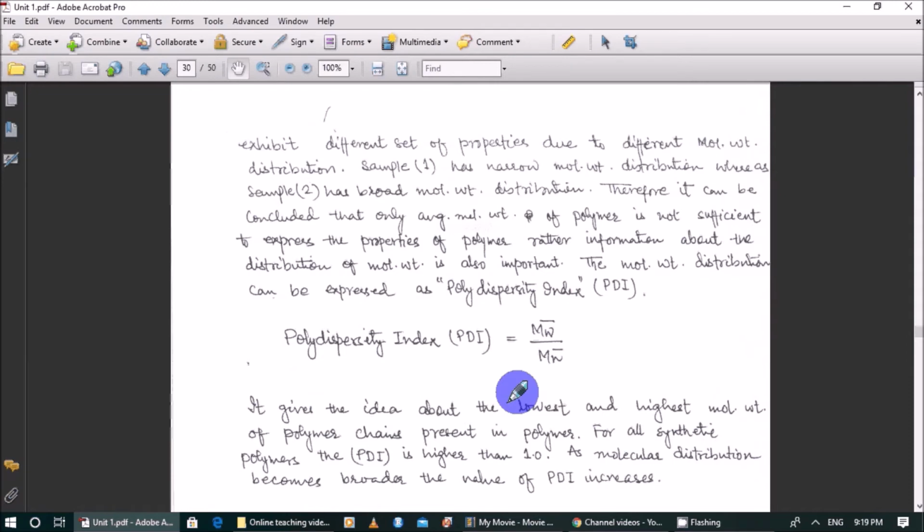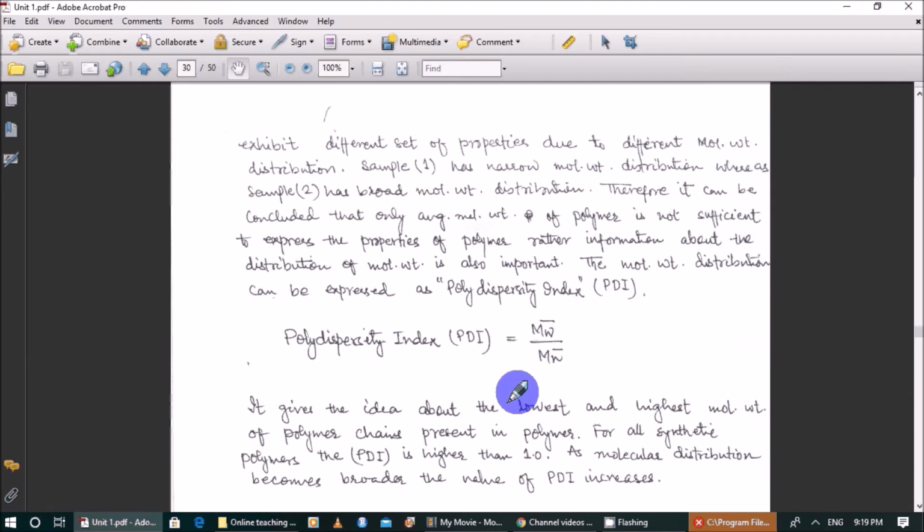Sample 1 has narrow molecular weight distribution, whereas sample 2 has broad molecular weight distribution. Therefore, it can be concluded that only the average molecular weight of a polymer is not sufficient to express the properties of the polymer. Rather, information about the distribution of the molecular weight is also important.